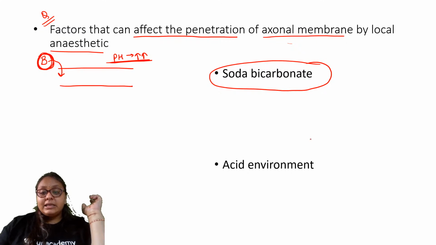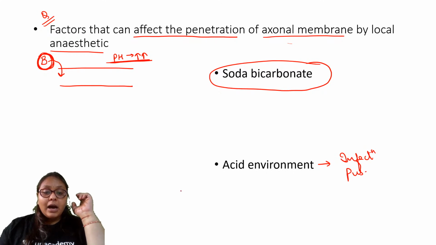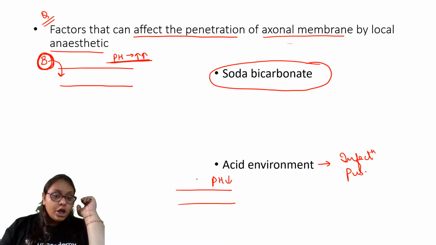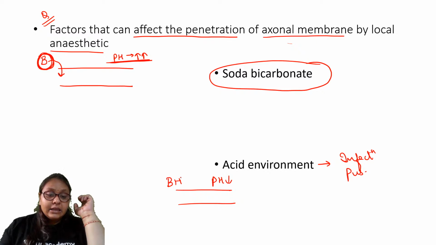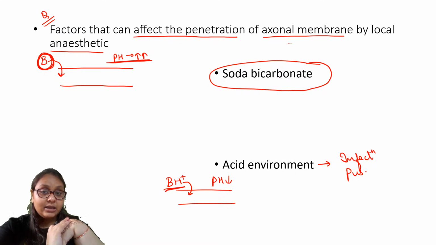Acidic environment, for example, whenever there is an infection, ठीक है, या फिर पस है, तो बाहर का यहाँ का pH क्या होगा? It will be decreased. So more will be present in the ionized form, and therefore it will be difficult for it to penetrate the membrane.